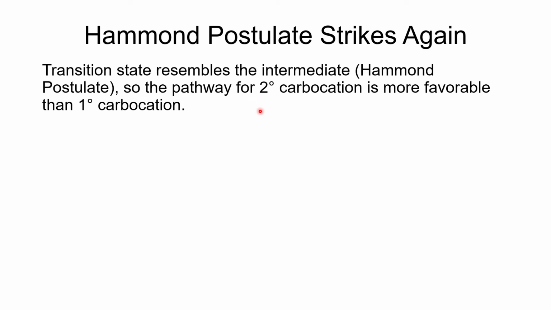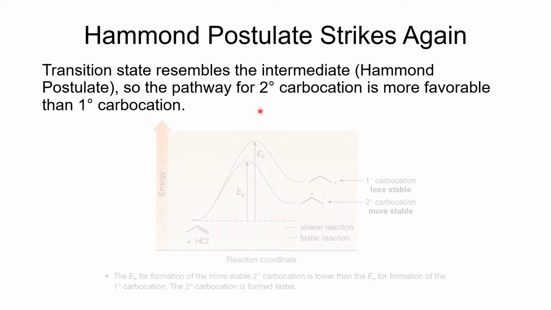What the Hammond postulate says, I'm going to state it in a very simple way: in an endothermic step, the transition state is going to more closely resemble the product of that step. In an exothermic step, the transition state will more closely resemble the reactant of that step.